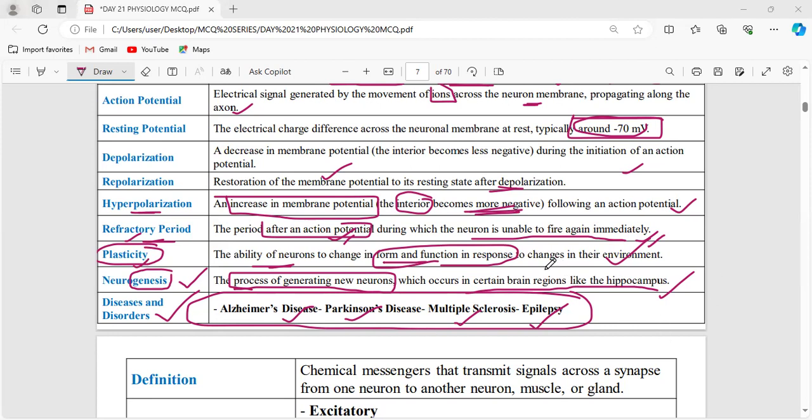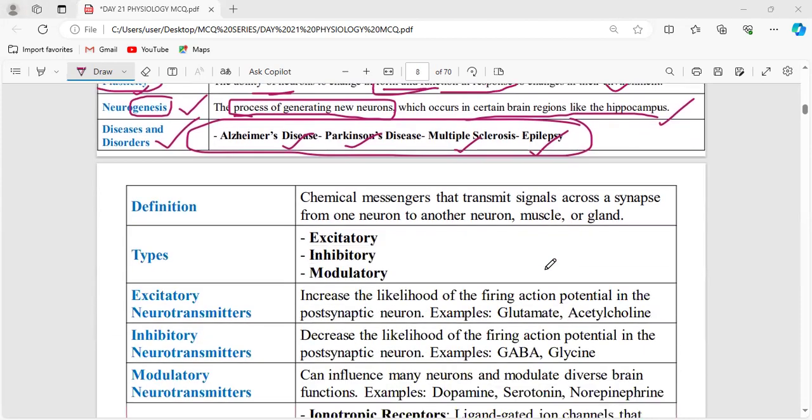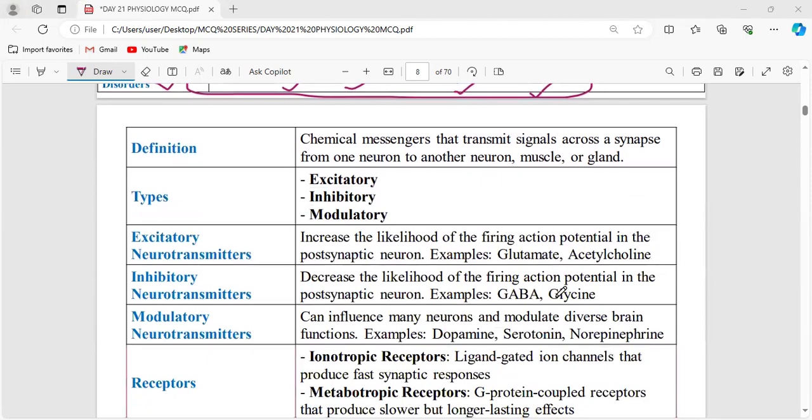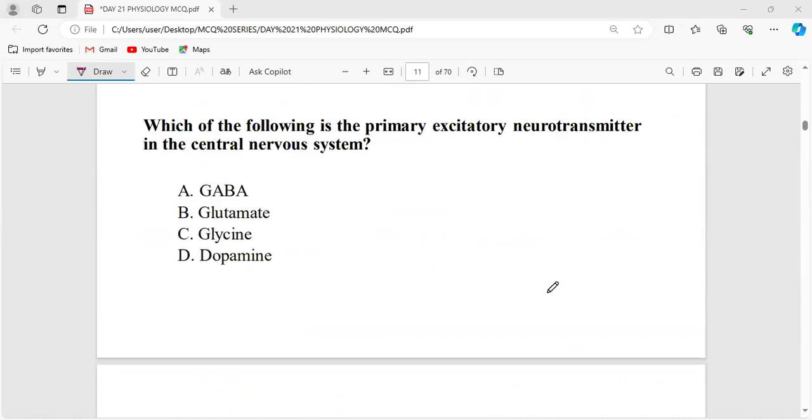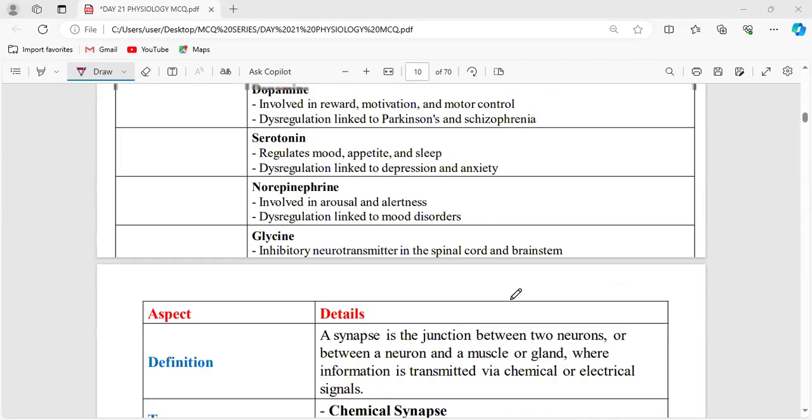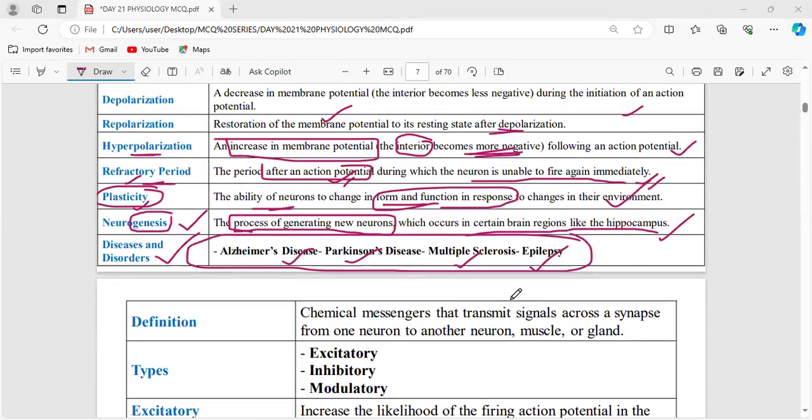That will obviously be multiple sclerosis. It is about time, so we'll solve some of the questions. Okay, we'll finish it.